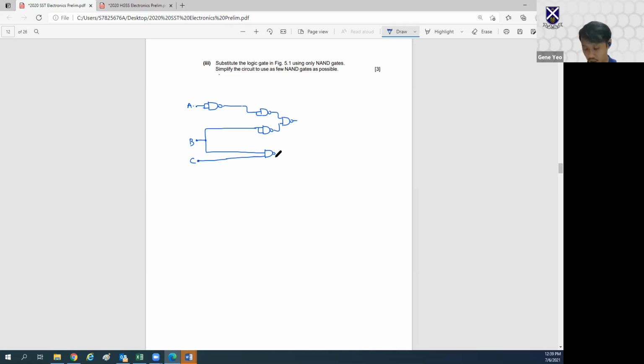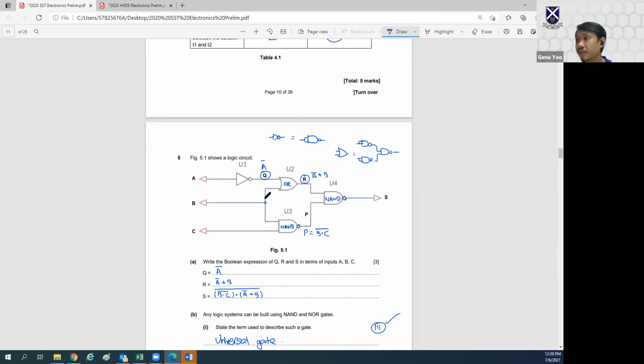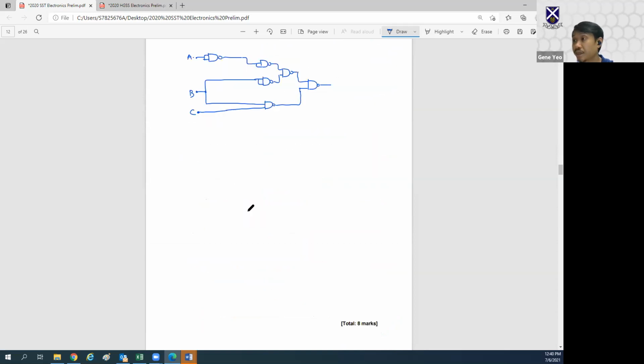And then this and this go into my final NAND gate over here. So this is the equivalent of this. Basically what I've done is just replace this NOT gate and this OR gate, and these two stay the same.